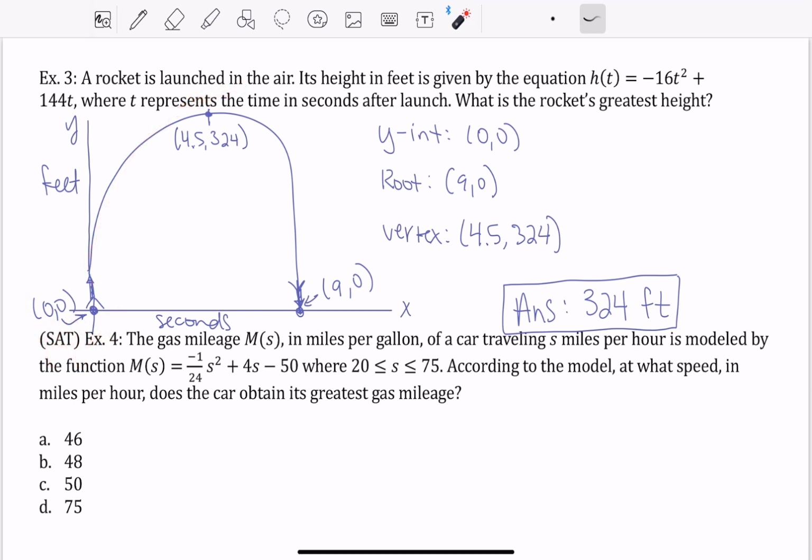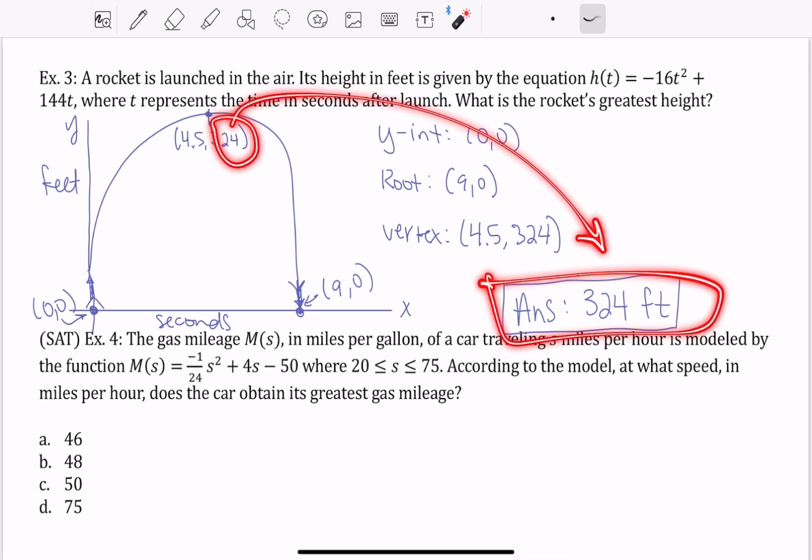Then it rose up to a maximum height of 324 feet after 4.5 seconds. And then it hit the ground again at 9 seconds, with 0 feet in the air because it's on the ground. That means if you were asked how long the rocket was in the air, you would say 9 seconds. And our answer for the greatest height was 324 feet.